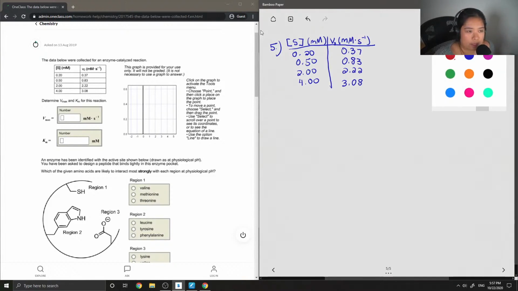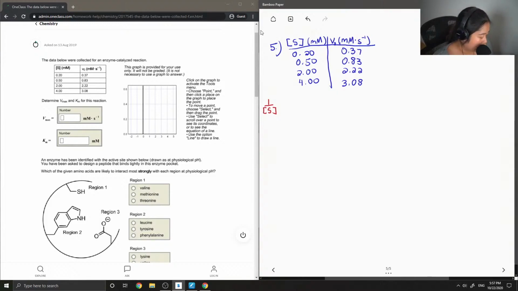Okay, so now that I have those written down, I'm also interested in finding the inverse of these values as well, since this is what we are going to graph in order to find Vmax and Km. So I'm just taking the reciprocal of both of these values.